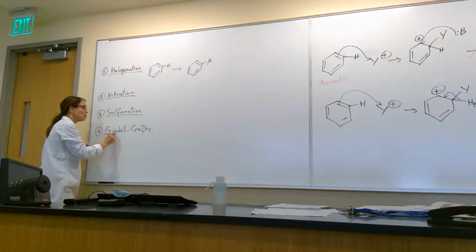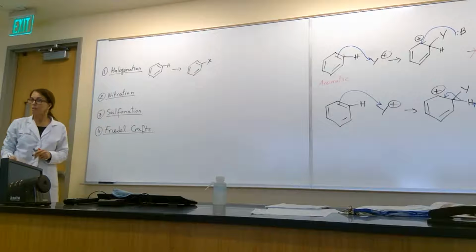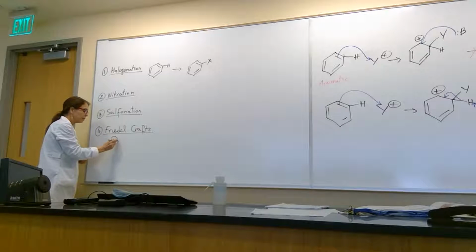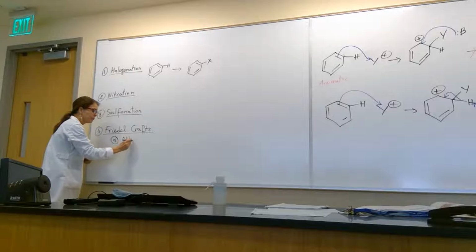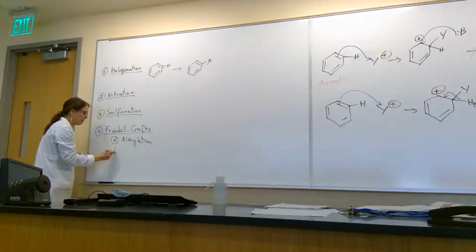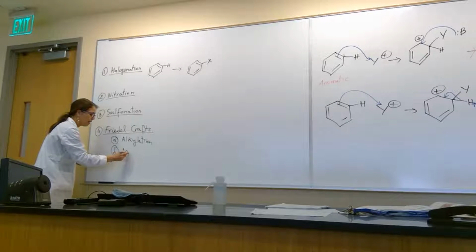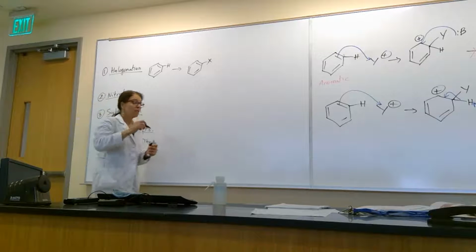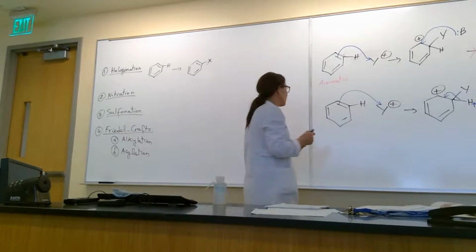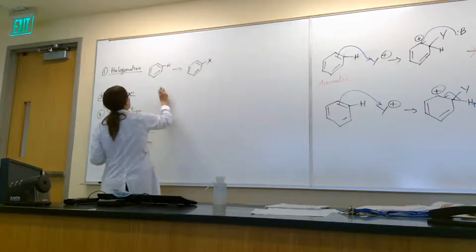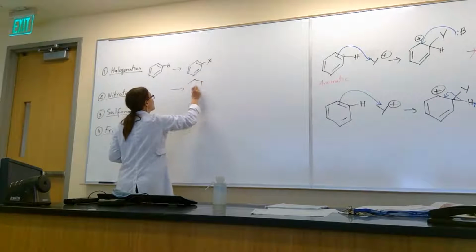Now, Friedel-Crafts has 2 subcategories. Okay, so within 4, we have A, alkylation, and B, acylation. So we'll write, for nitration, actually, this turns into this.